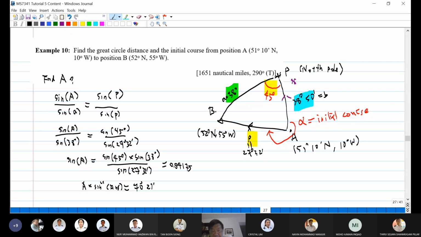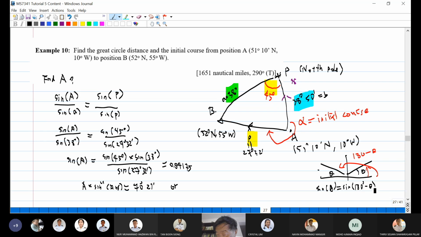So one possible answer is this one, or another one. Remember, the sine always has this property. This is theta, and this is 180 minus theta. So you have two possible answers here. Sine of theta and sine of 180 minus theta can both equal 0.9435.